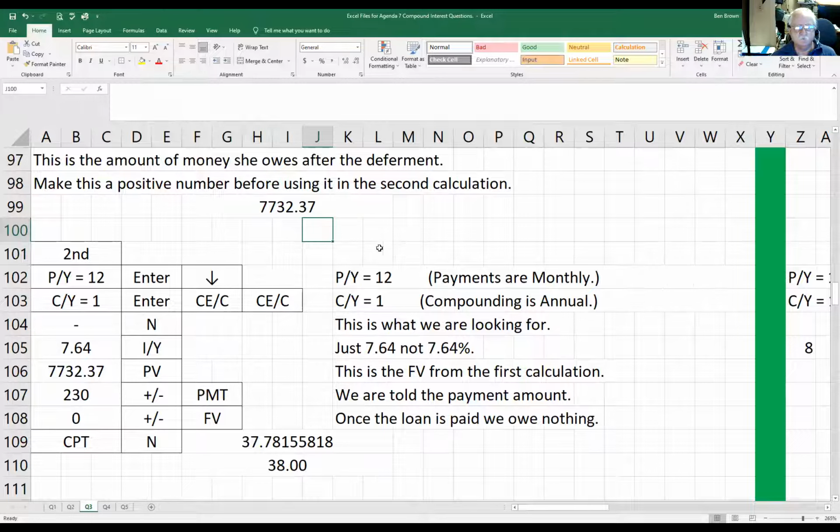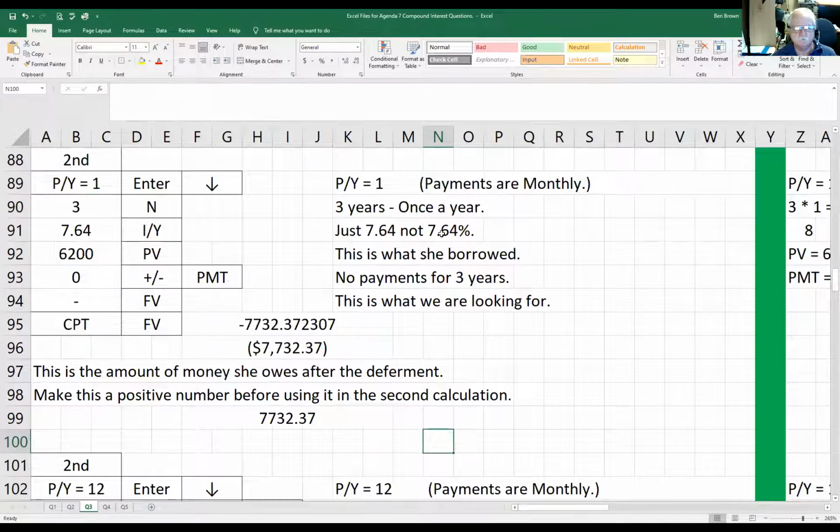Hi, Mr. Brown. On the first calculation, why is the payment per compounding year or P/Y is 1 when it should be monthly? Well, although it stupidly says payments are monthly, in this case, there's no payments.